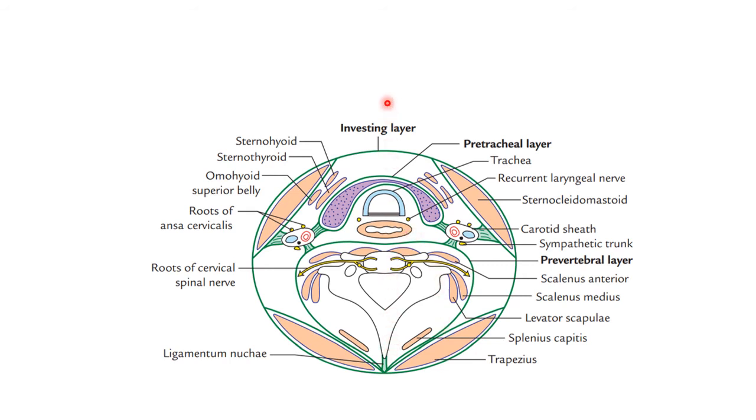When traced upward, it is attached to the base of the skull, obviously, since it is around the vertebral column. Below, it enters the superior mediastinum and is attached to the anterior longitudinal ligament of the upper 3 thoracic vertebrae.